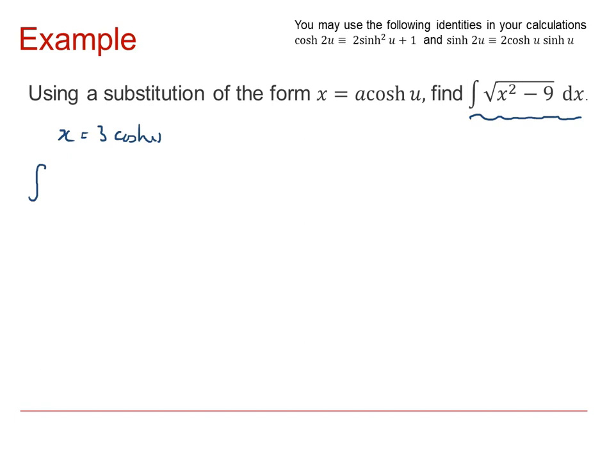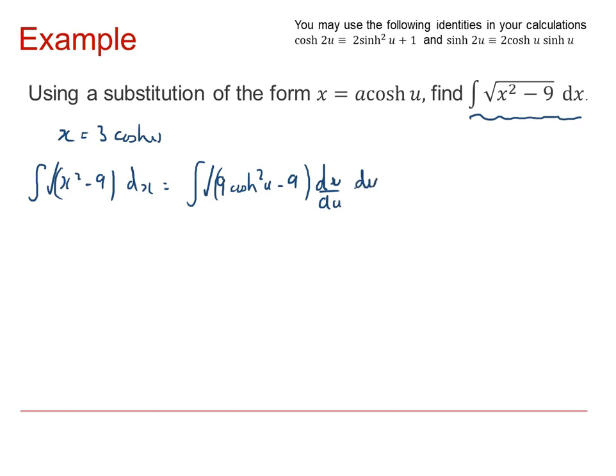We get the integral of the square root of x squared minus 9 dx. And if we make the substitution, this will be equal to the integral of the square root of 9 cos squared u minus 9, multiplied by dx by du, du.